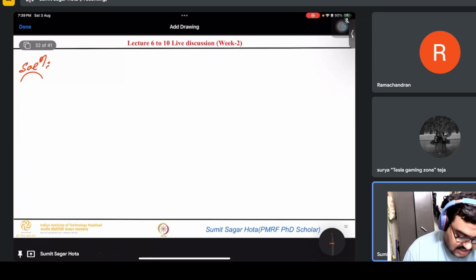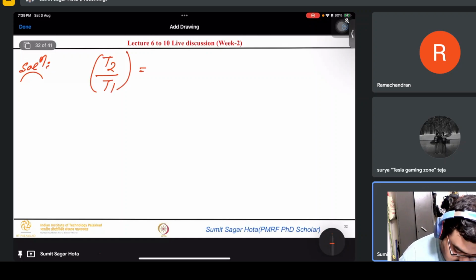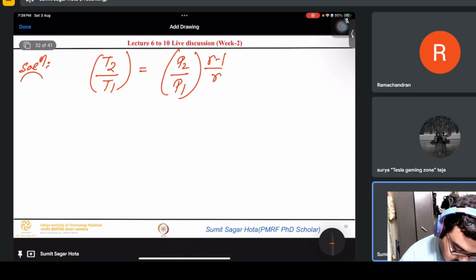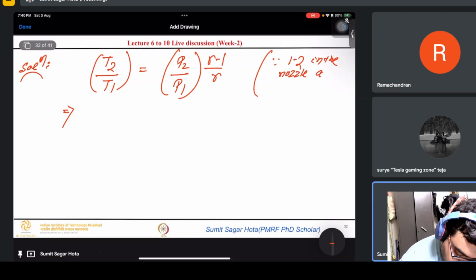So we're assuming isentropic flow. Directly I write down T2 by T1 is equal to P2 by P1 to the power gamma minus 1 by gamma. We are assuming the 1 to 2 process in the nozzle as isentropic flow.